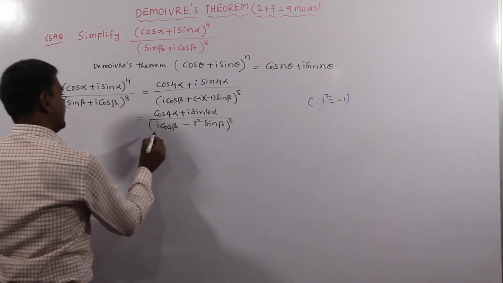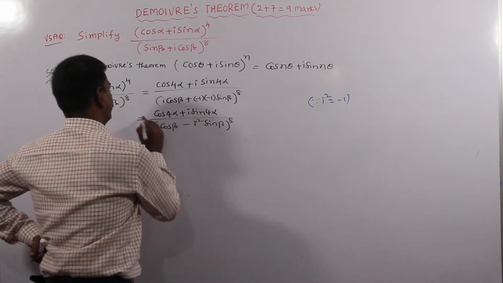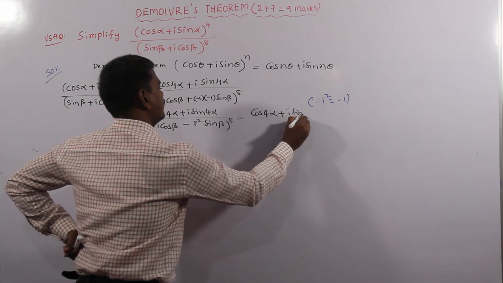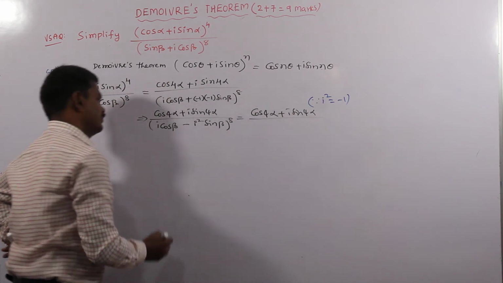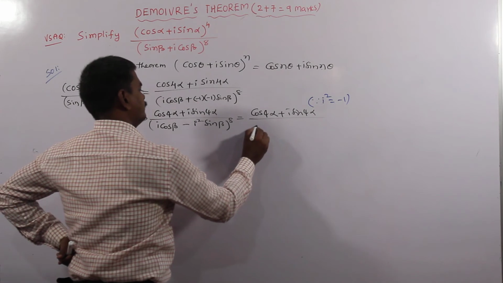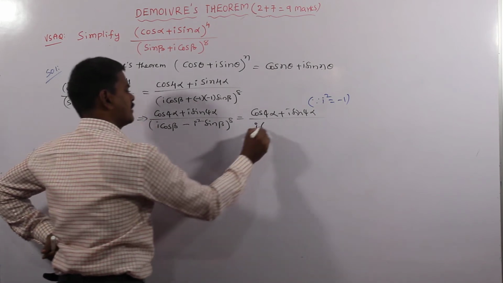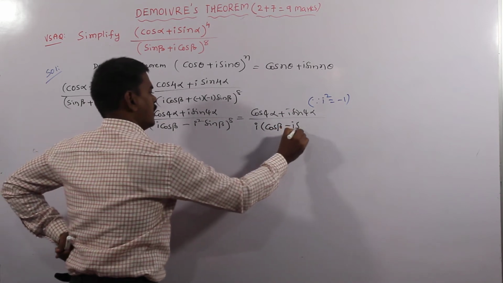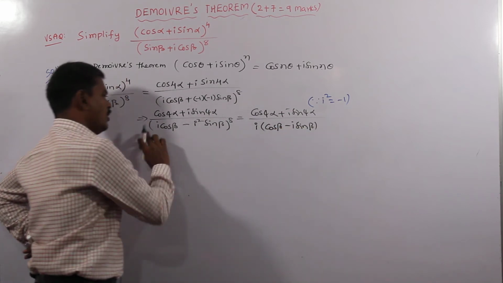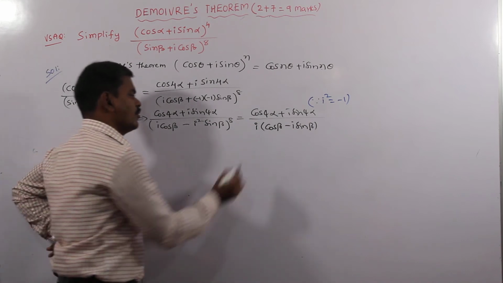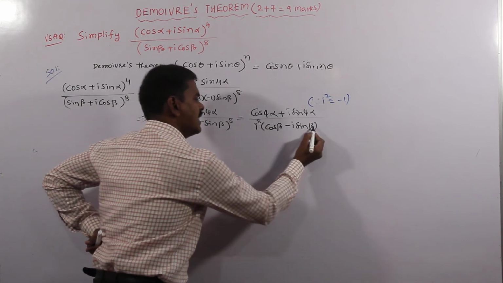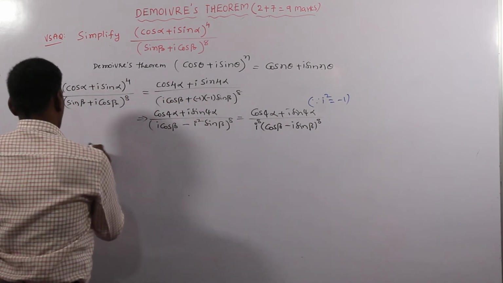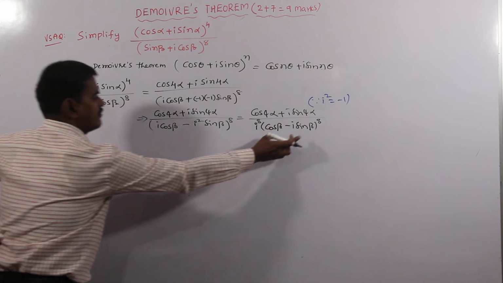Now we can take iota common. So the numerator as it is, cos 4 alpha + iota sin 4 alpha, divided by iota common, after taking iota common we are left with (cos beta minus iota sin beta) whole power 8. Whole power 8 means the power is applicable for both iota as well as this one. Now we can apply Demoivre's theorem for the denominator also.